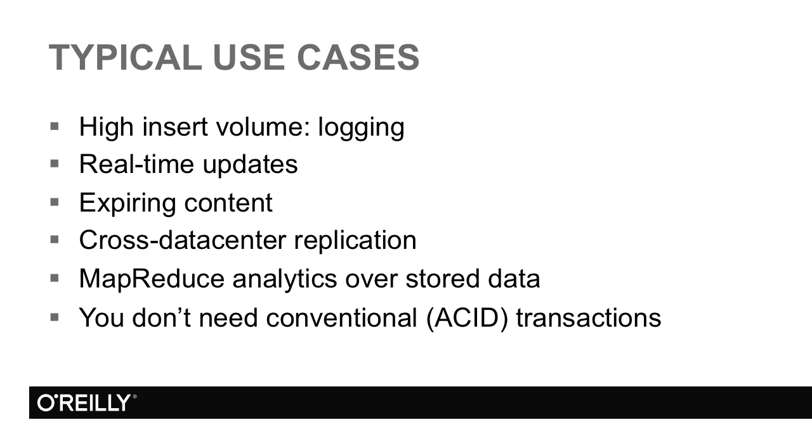Many of the systems can expire the content automatically. So for example, when the data gets older than 2 months, you can expire it automatically from the system. Cross data center replication, particularly for systems like Apache Cassandra. And most of the systems would allow you to run MapReduce analytics over the stored data, so merging the capabilities of Hadoop with the NoSQL stores.